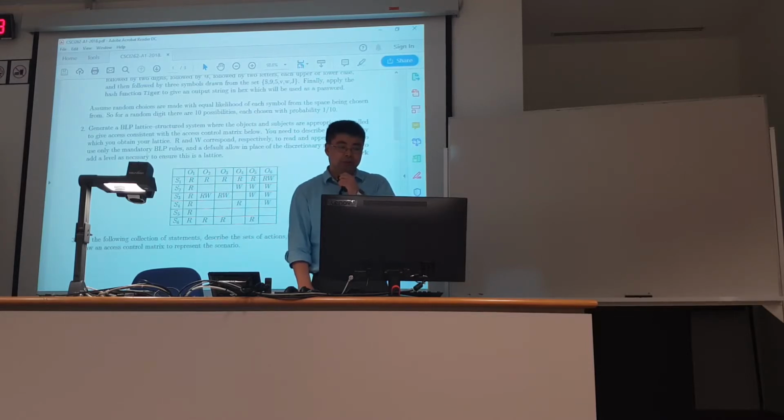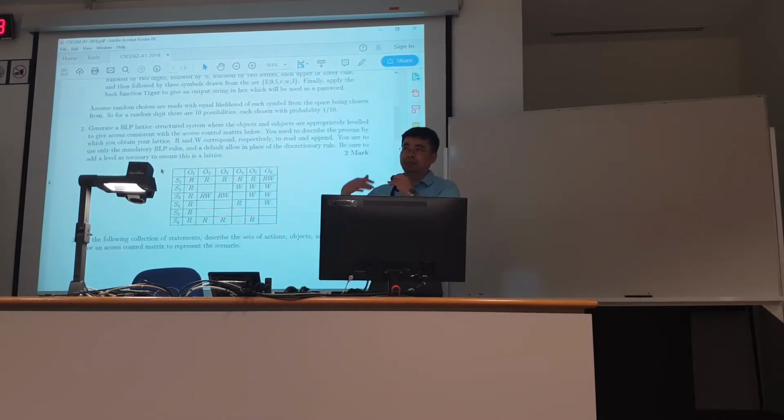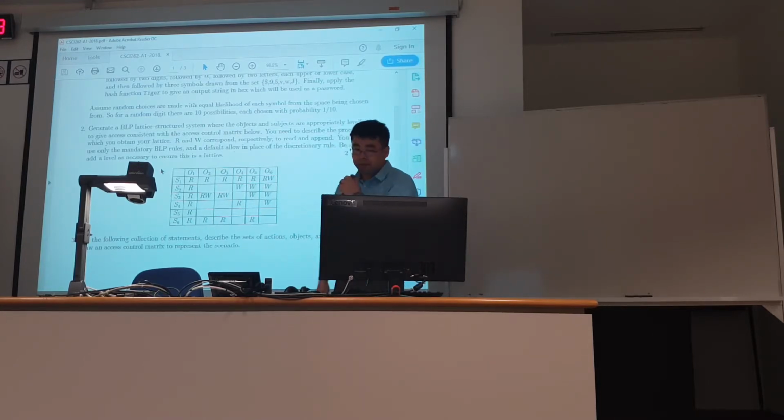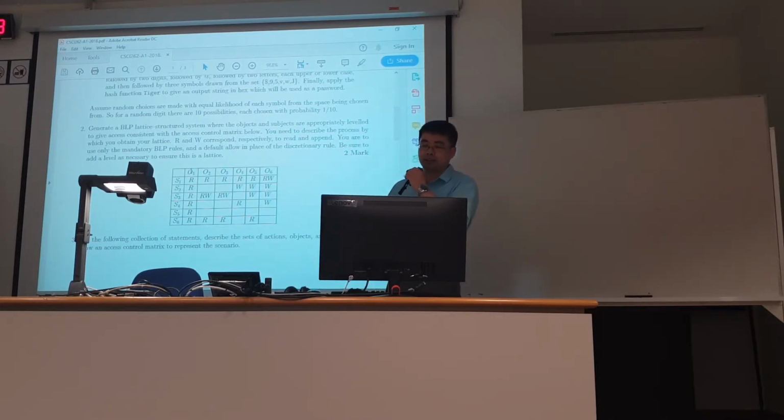BLP means no read up, no write down, right? So in this case, suppose subject S1 can read object O1. That means in the lattice, what's the relative position of S1 according to O1? If S1 can read O1 according to the BLP rule, S1 must be higher than O1, right?